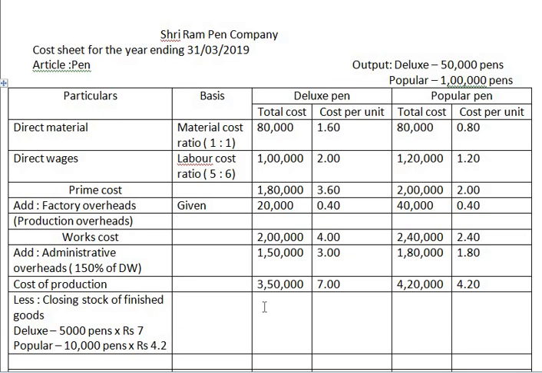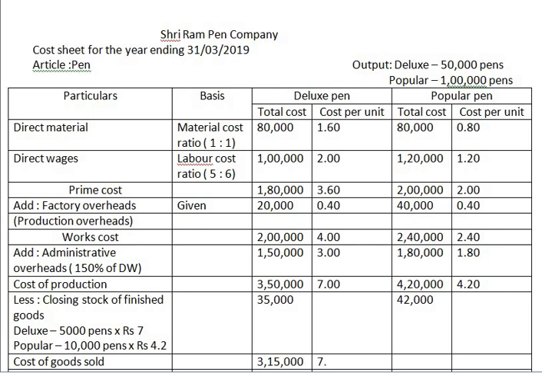Okay. Now here 5,000 into 7, 35,000. Here 10,000 into 4.2, so that will be 42,000. Okay. Yes. Now whatever balance we get is cost of goods sold. Deduct this. So this will be 3,15,000.